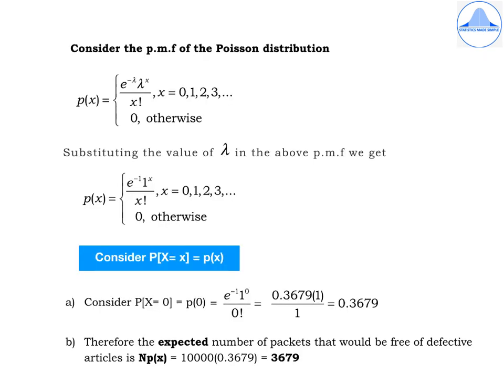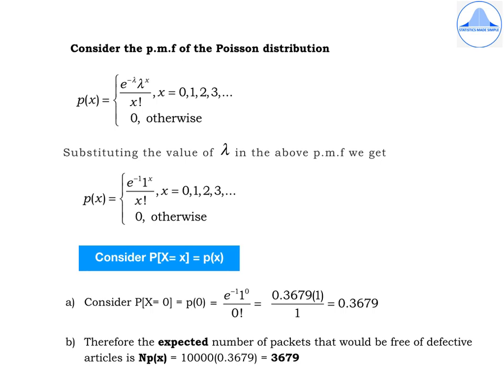Now that we have obtained the value of lambda as 1, the next step is to write the p.m.f. of the Poisson distribution. Let's recollect that the p.m.f. is p of x equal to, open the flower bracket, in the first row it is e to the power minus lambda, lambda to the power x divided by x factorial, where x takes the value 0, 1, 2, 3, and so on. The range is infinite.